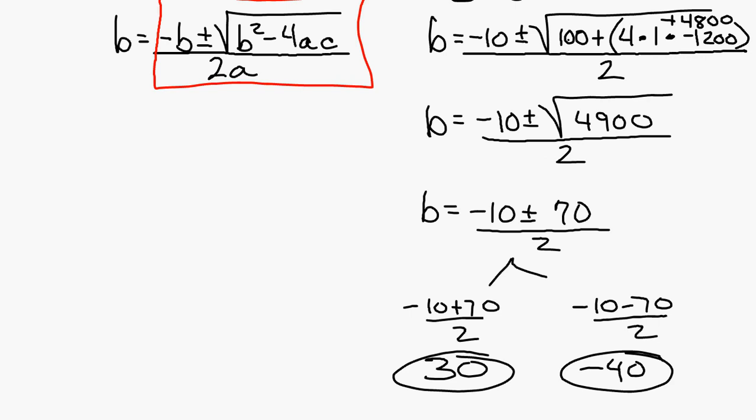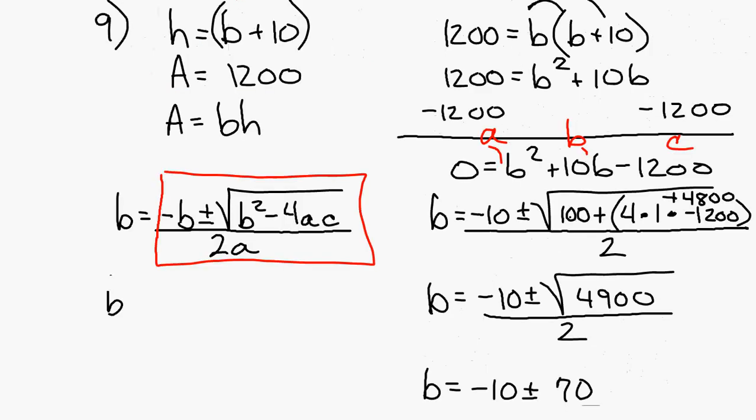So you go back up here, and the base is equal to 30, and the height is equal to the base plus 10. So your height's equal to 40.